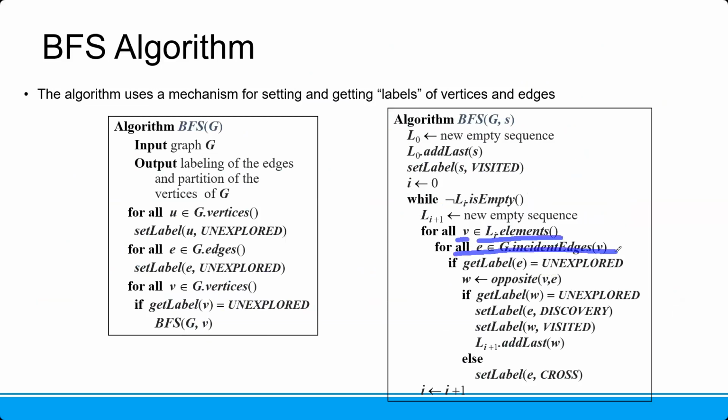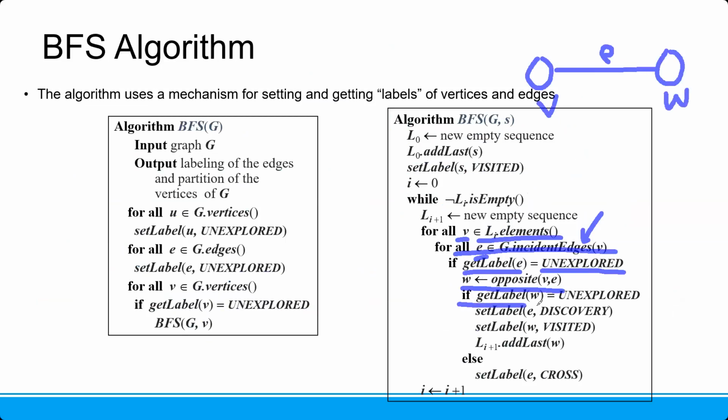If we have the incident edges of V, then let's check what the label is. If edge E is unexplored, let's check the opposite vertex W, and then check what the label of W is.